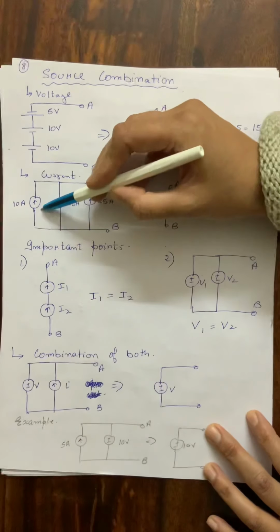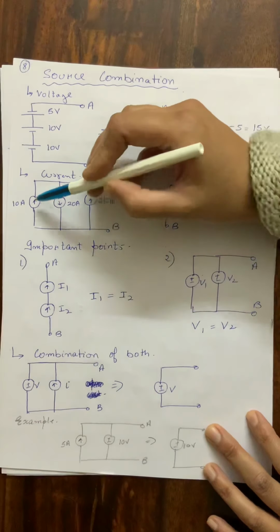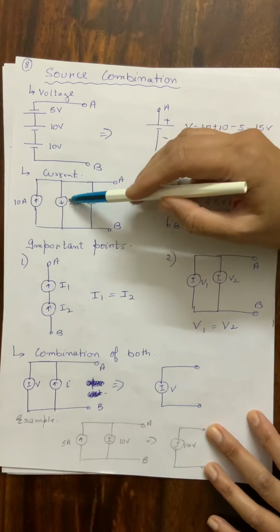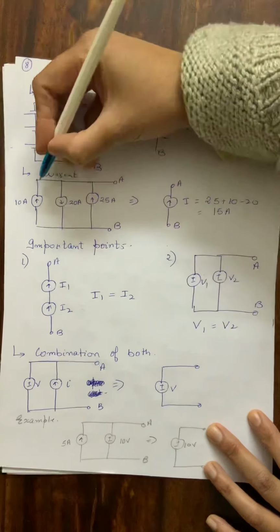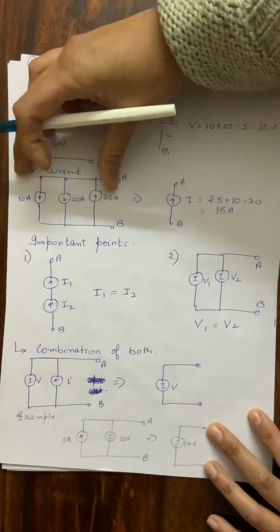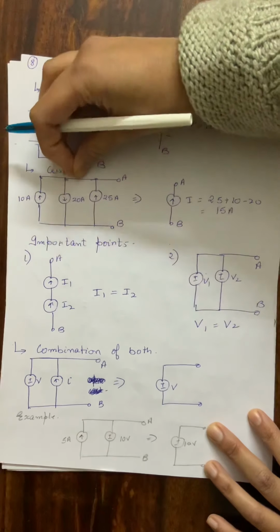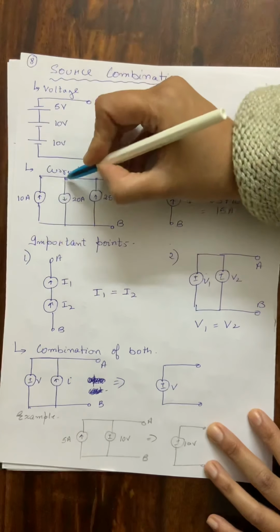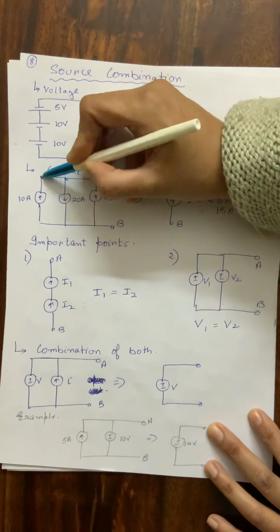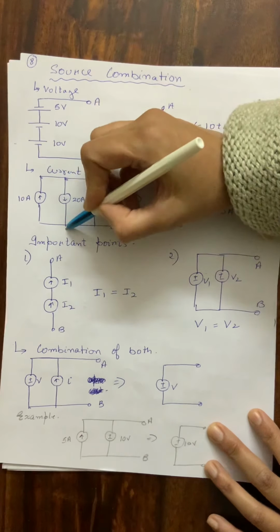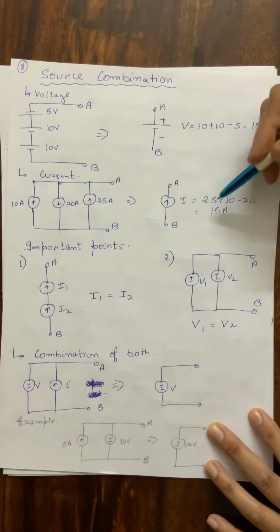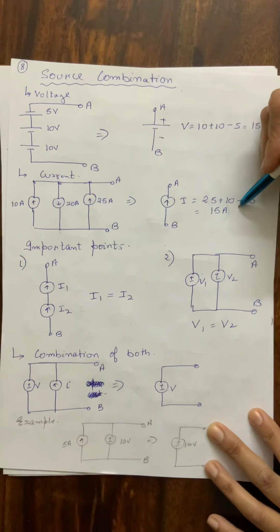We have to see the arrow. The arrow direction shows the polarity. Since there is no resistance between these nodes, all three nodes are at the same voltage, hence we take the current moving towards the node as positive and the current leaving the node as negative, and accordingly I have found the node current as 15 ampere.